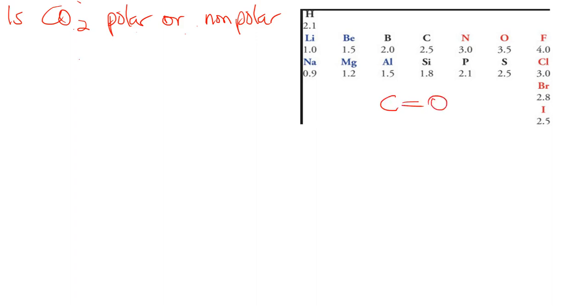Check the polarity of individual bonds there. So C is 2.1 or 2.5. O is 3.5. The difference is 1. So N is equal to 1. Which means this bond is polar. The CO bond is polar. So we can proceed from there.